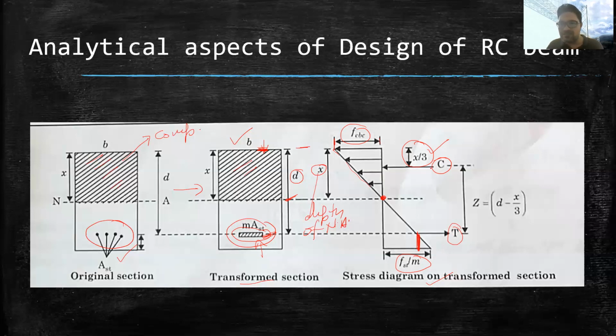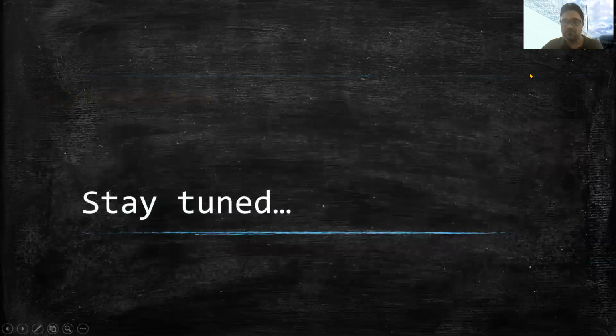The distance between C and T is represented as Z, and Z is called the lever arm. The lever arm can be calculated as D minus x by 3. As you can see, this is the x by 3 distance, so D minus x by 3 is the Z value. We will continue this discussion in the next part. Thank you.